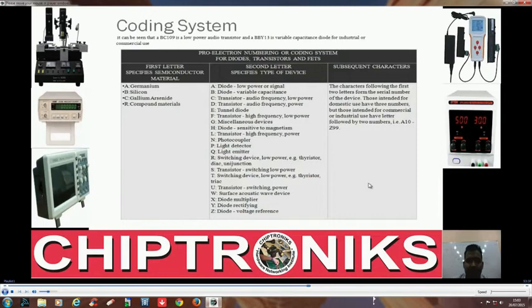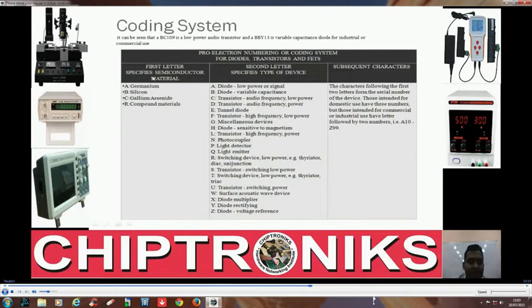These are the various coding systems, the international coding system for semiconductor material. In BC109, B means silicon.